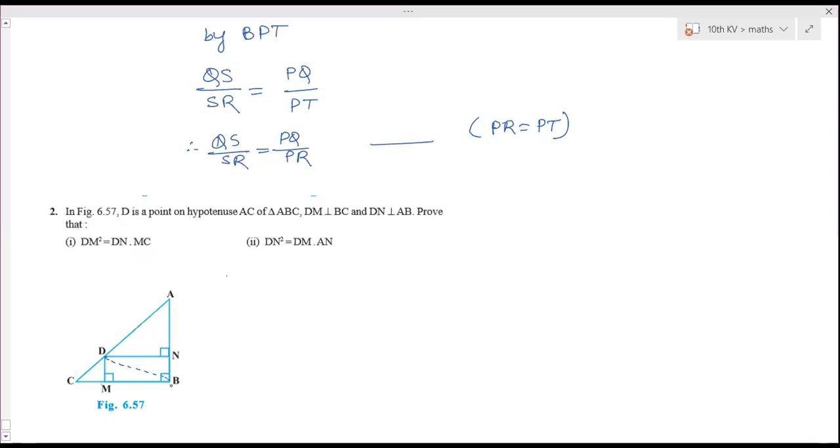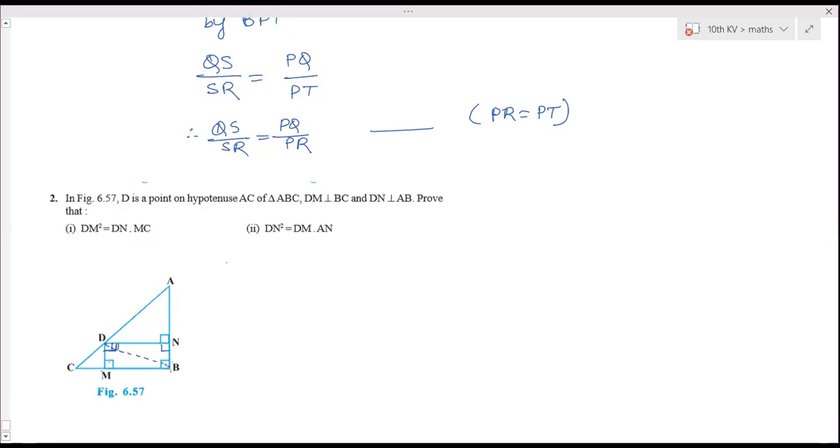Here in DMBN, three angles are 90. Angle M is 90, angle B is 90, angle N is also 90. So that means automatically D will also be 90 degrees. So DNMB is a rectangle. So opposite sides will be equal.